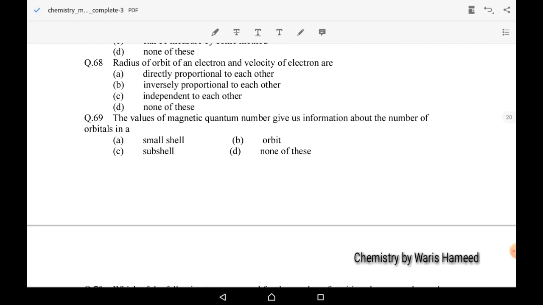Radius of orbit of an electron and velocity of electron are actually inversely proportional to each other, so its correct option is B. The value of magnetic quantum number gives us information about the number of orbitals.